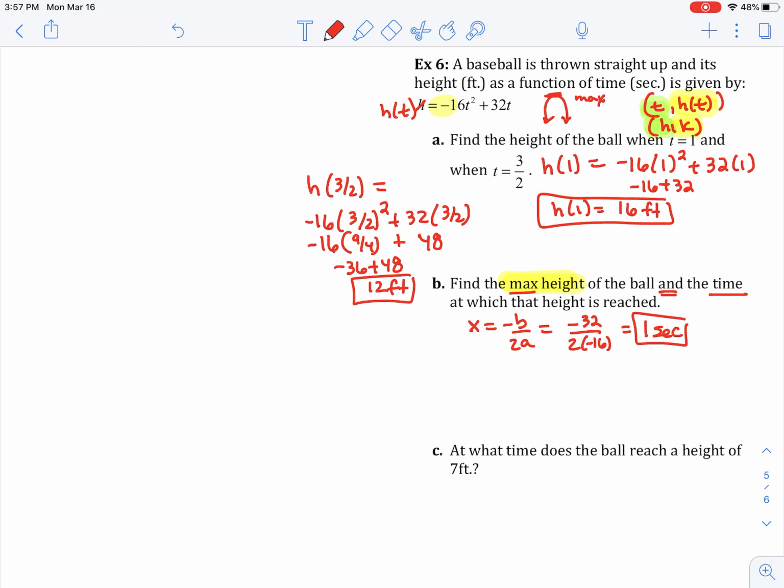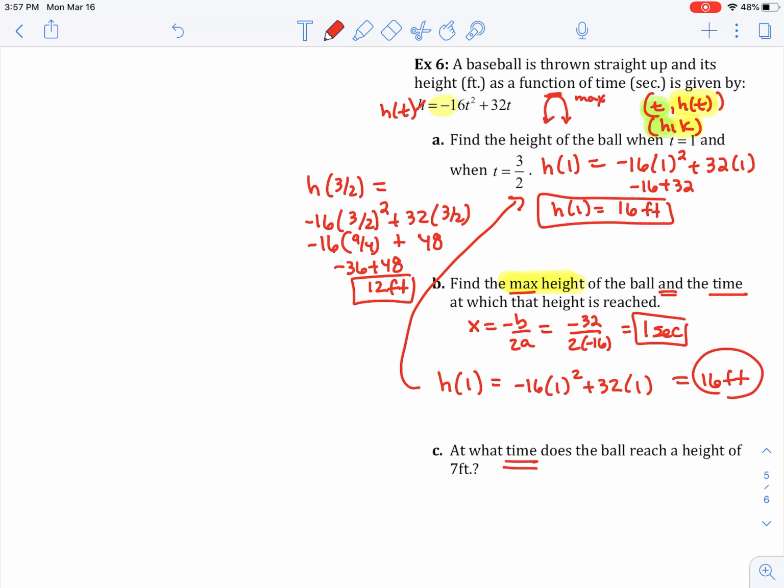So at 1 second is the x of our vertex. And to figure out the max height, if we go to our equation and plug in that 1 second, then we will get its corresponding y value, which we know is going to be the max height. So h(1) is -16(1)² + 32(1), which we actually had already solved up here, and we got the 16 feet.